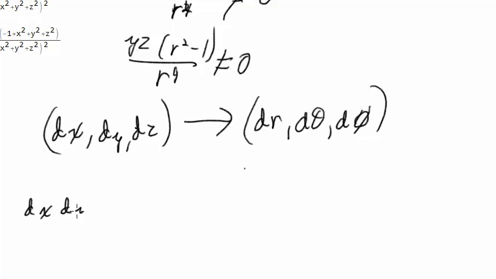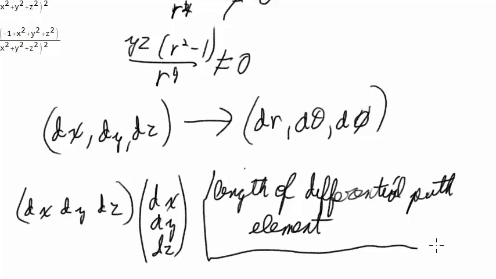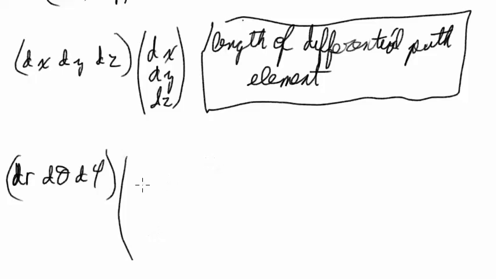just, once again, let me review this, because just kind of what I understand. dx dy dz. This is the length of the differential path element. Okay, so that's the length of the differential path element, and if we want to use dr d theta d phi, we need to use the Jacobian in here, so that we get it converted into del x, del y, del z.